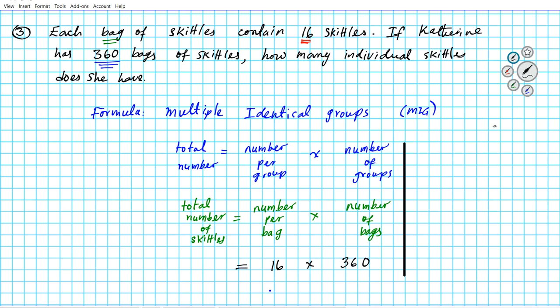So we have 360 multiplied by 16. We're going to follow exactly the same procedure that we used for the previous two examples. 6 times 0 is 0, 6 times 6 is 36, 6 carry 3. 6 times 3 is 18 plus 3, 21. We've done this several times, so we should be fast now.